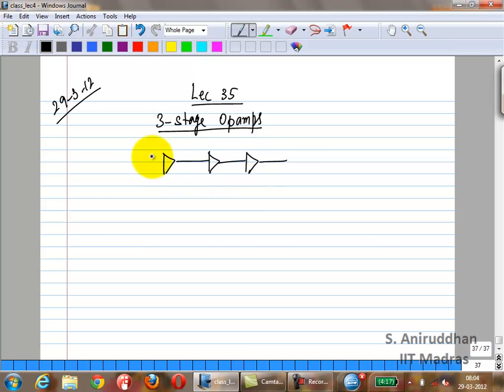let us say I had 3 stages. So let's say this was my op-amp. And each one had a gain A, and each of these was single pole. Okay? And this is VO, Vn.